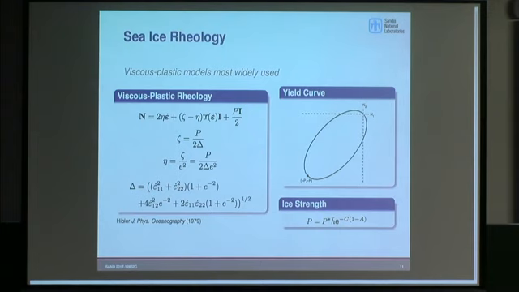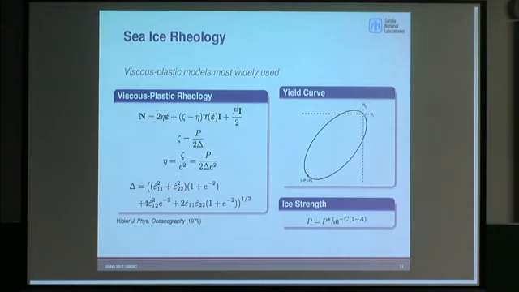So in terms of the standard sea ice rheology, this has been mentioned in previous talks as well. Generally, it's variations on the viscous plastic rheology shown here. Epsilon is the strain. We have bulk and shear viscosities with an elliptical yield curve.